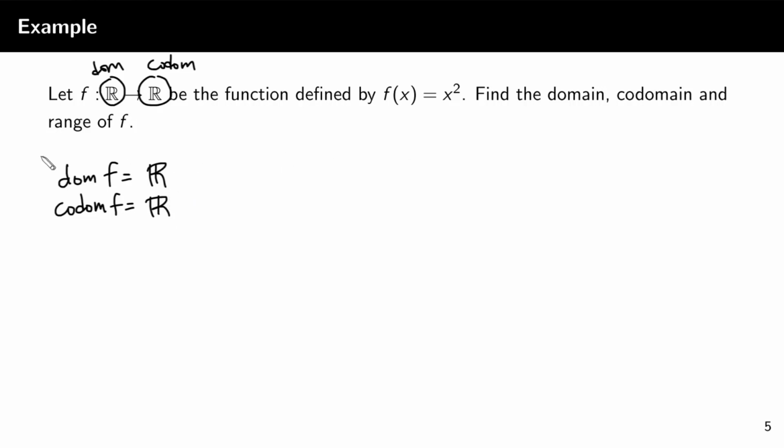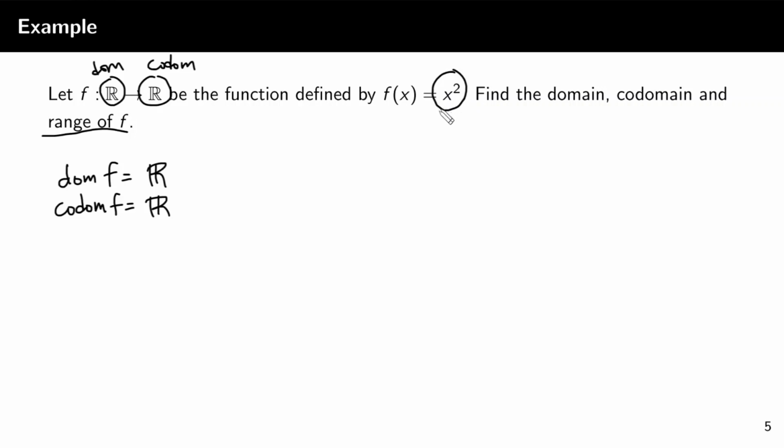Now, what is the range? Okay. So the range again is not necessarily equal to the codomain. So when we look at the range, we ask ourselves, ano yung magiging resulta nitong function? So itong function natin, x squared. Ini-square niya lahat ng mga number.